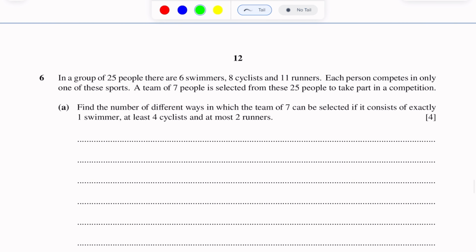So we are first writing the number of swimmers. S stands for swimmers.